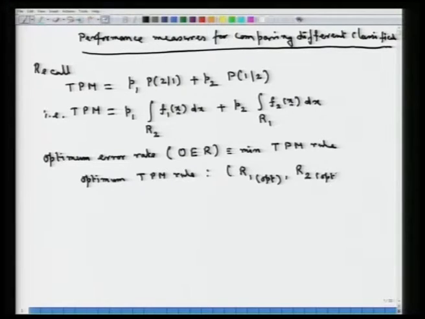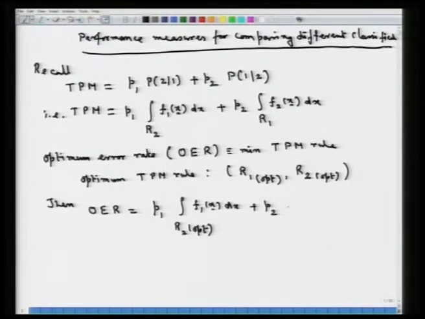This gives us the minimum total probability of misclassification. Then the OER is given by P1 times the integral over the R2 opt region of F1(x) dx, plus P2 times the integral over the R1 opt region of the density for the second population, F2(x) dx. So, this is one such measure for classification.